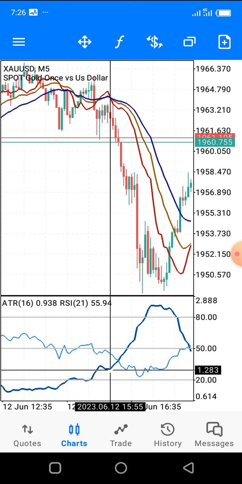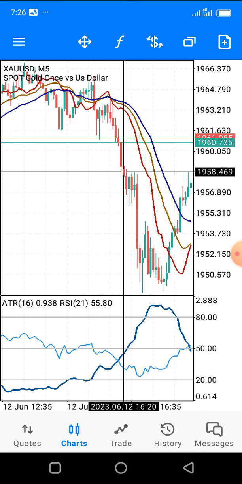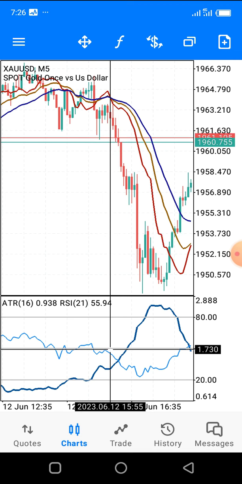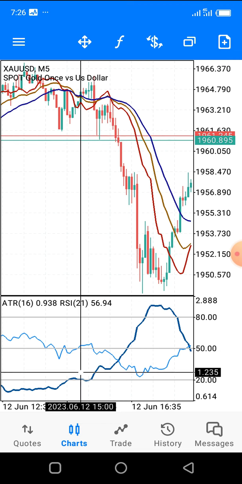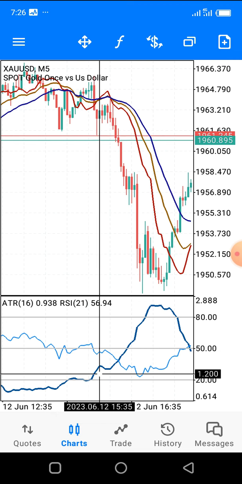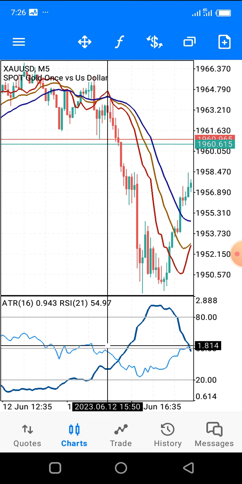So now for this particular sell trade, as you can see on your screen right here, RSI is reading below 50, which is telling you the gold is likely to fall. But for further confirmation, to not get caught in the market, like I said, the ATR, when it's moving upward, is telling you a strong volatility.